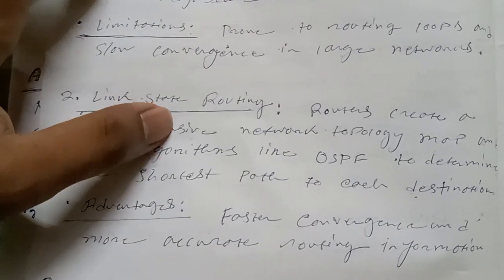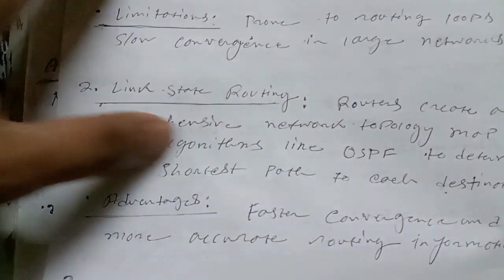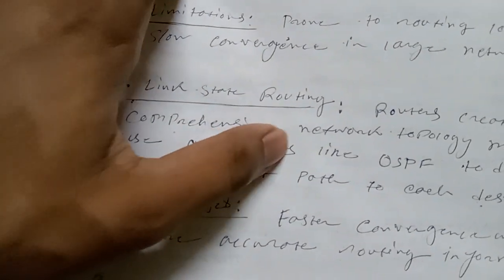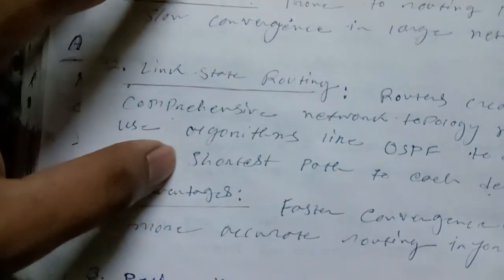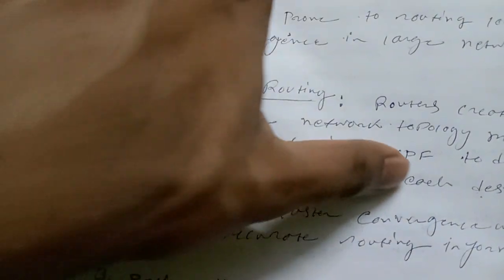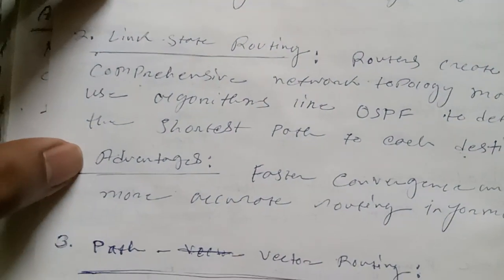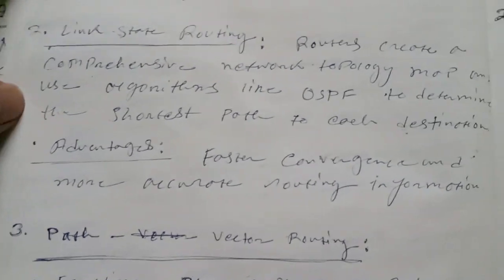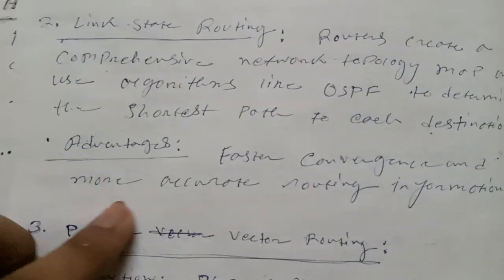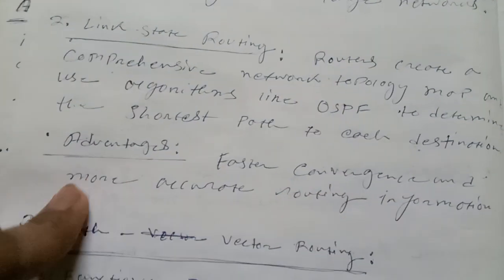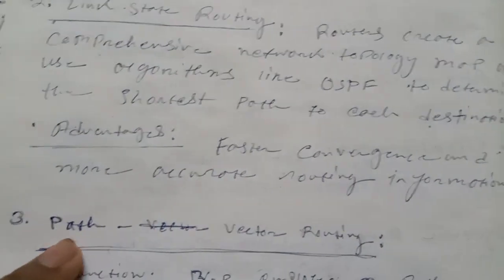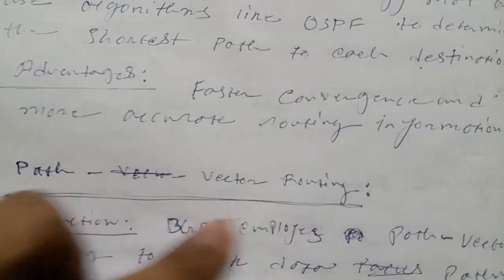Then we have link state routing. Routers create a comprehensive network topology map, and algorithms like OSPF determine the shortest path to each destination. The advantages of link state routing are faster convergence and more accurate routing information. Then we have path vector routing.